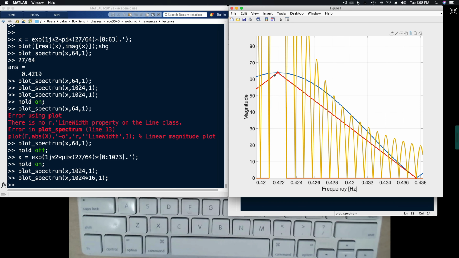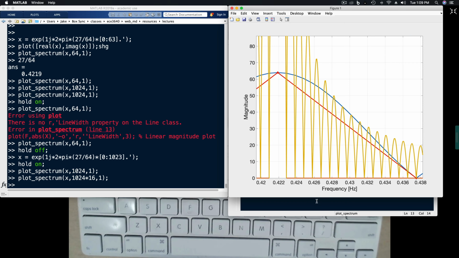And so the width of that main lobe has to do with resolution and the ability to resolve two frequencies that are closely spaced. But zero padding doesn't change the resolution. It just gives us more samples of the underlying function. If you want more resolution, you have to enlarge the amount of data in the transform, or put another way, use a longer window on the underlying data sequence.